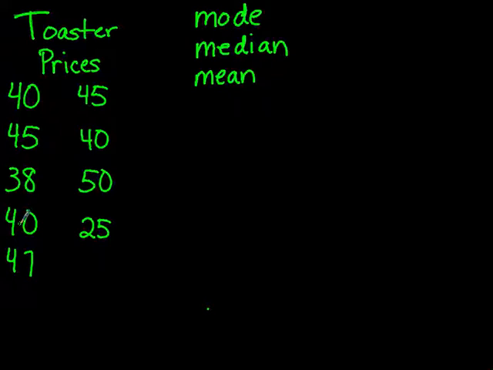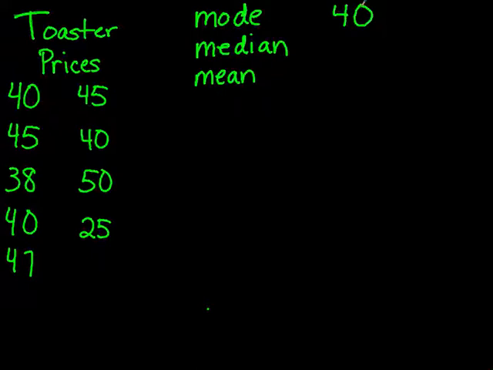So because 40 appears more often than all the other numbers, that's the mode. So the mode for this set of numbers is 40.